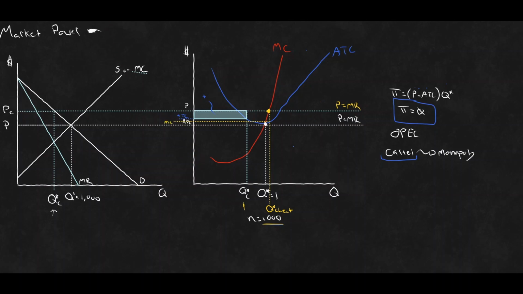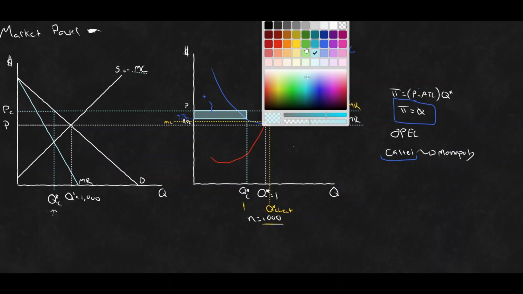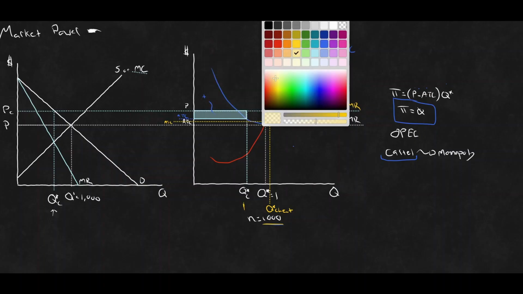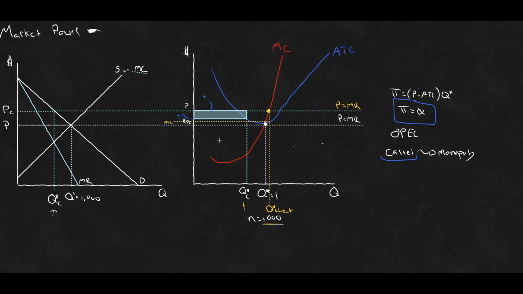So what is our profit? Well, our new profit, let's just use some shade of yellow for this new profit. We are going to be making price minus average total cost. So that vertical distance is our profit per unit, all over Q star cheat units.